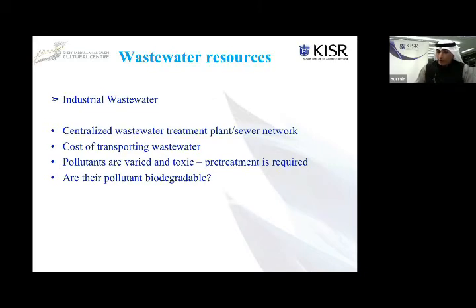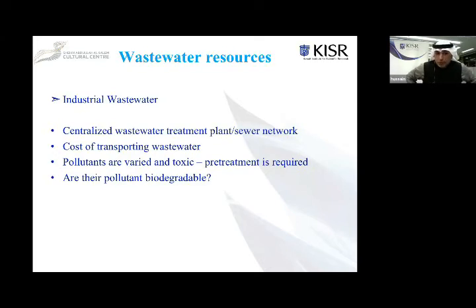Of course, there are also some in Shuaiba and those related to the oil refinery sectors. Cost of transportation is another issue. As I said, you may have to go 30 or 40 kilometers in order to deliver your wastewater discharge.